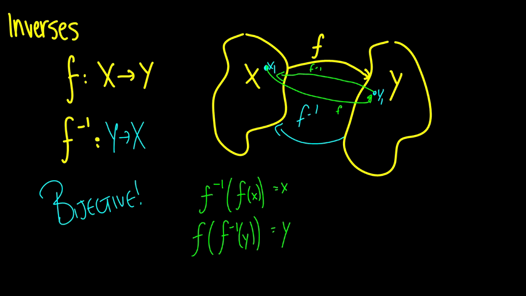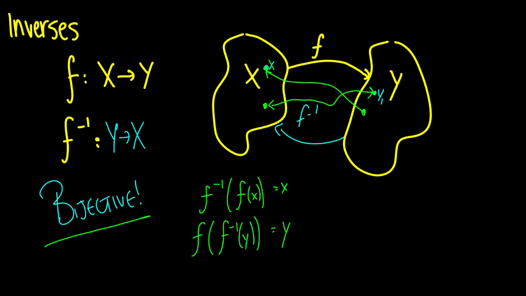And in fact, you see here, if you just draw the picture, okay, well, we have this value x here, and we go through the function, and it goes to some place in y, okay, and then the function takes it backwards. So we get back to the same point. Similarly, if we start at this y1, and we go to the x domain, and we get some value here, and then we take the function and write it back, we get back to y. So that's a cool property of inverses.